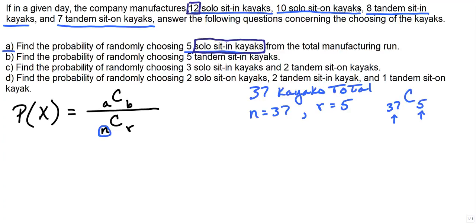So now what we want to do is consider the ratio of choosing 5 solo sit-in kayaks out of the group to our total run. So for part A, it's the probability that we are going to choose 5 solo sit-in kayaks.